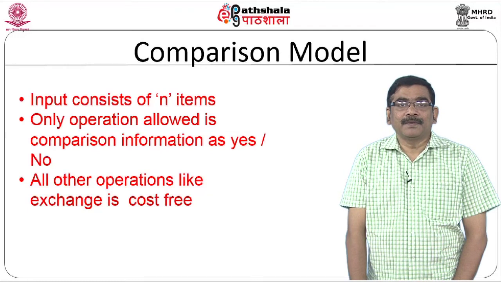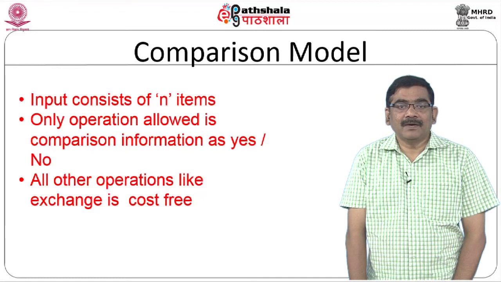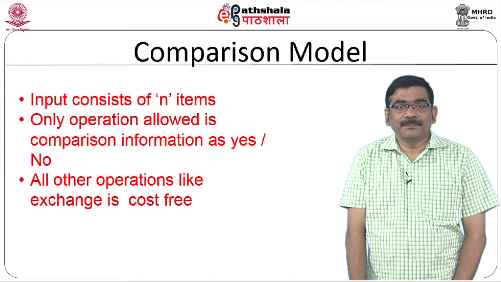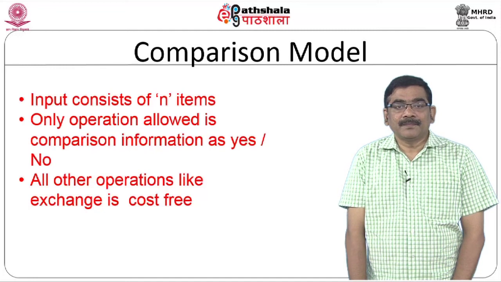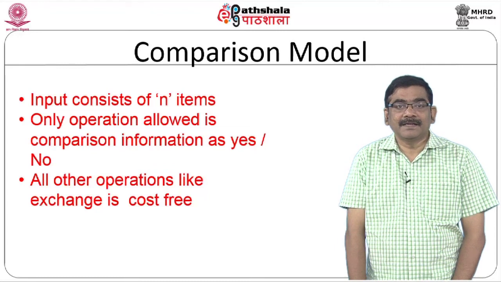Another model is called the comparison model. As the name suggests, the whole logic of the comparison model lies on comparisons. So, here you have an input of n items and only one operation is allowed, that is comparison. The comparison function returns the value yes or no, and based on that the exchange is done.